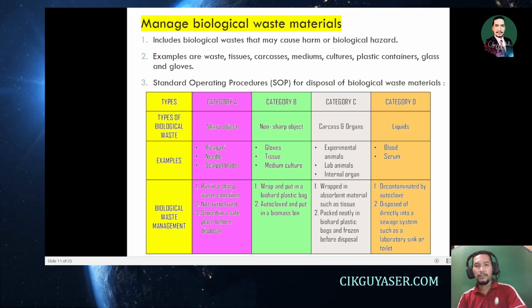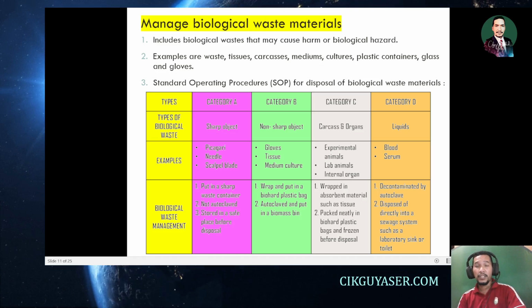Okay, for category C, carcass and organ, the first step is we wrap in absorbent material such as tissues, and then we pack this category C material neatly in the biohazard plastic bag and freeze before disposal.